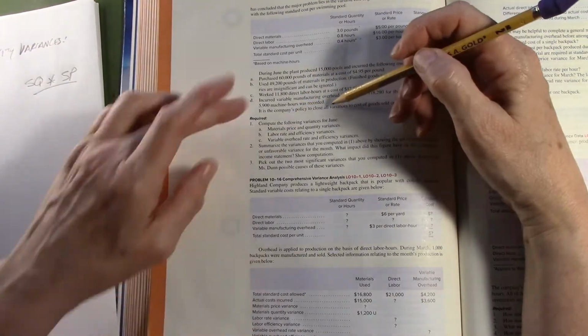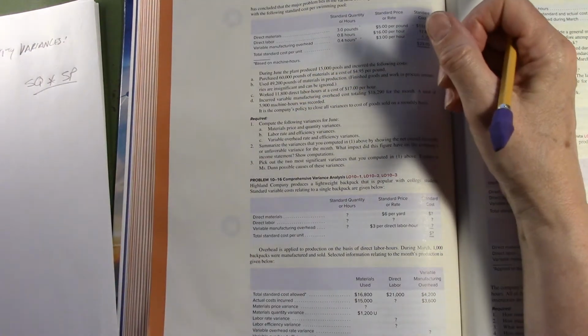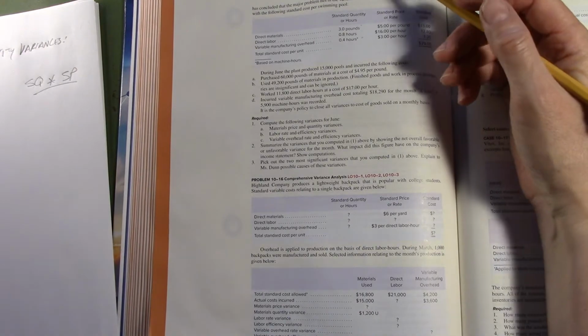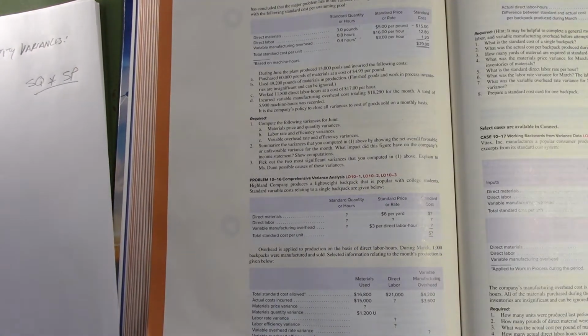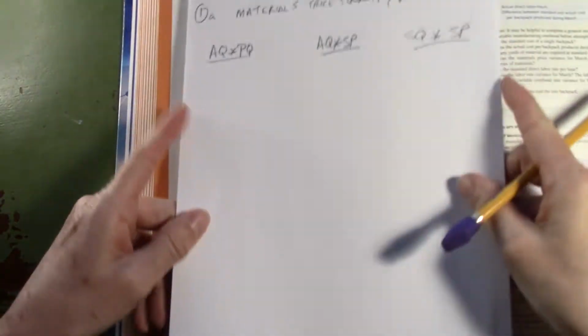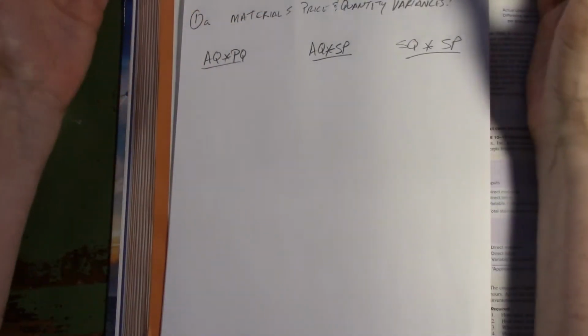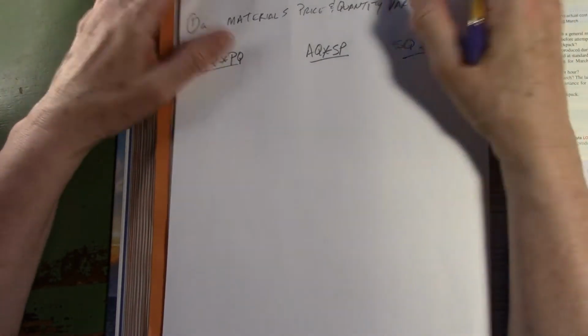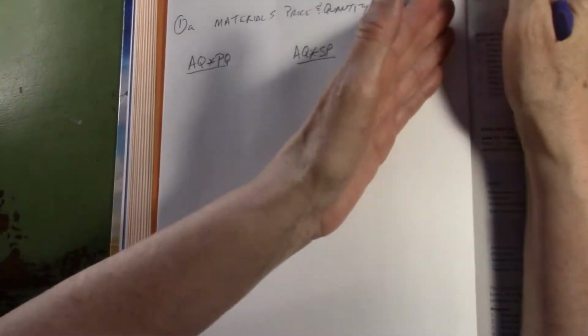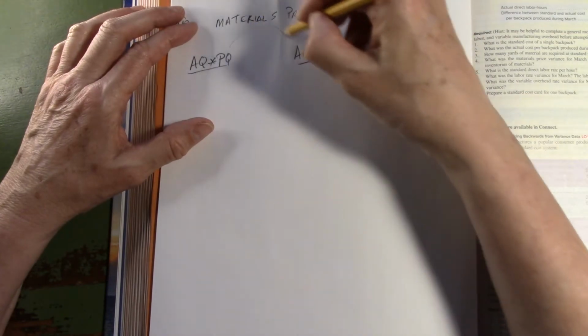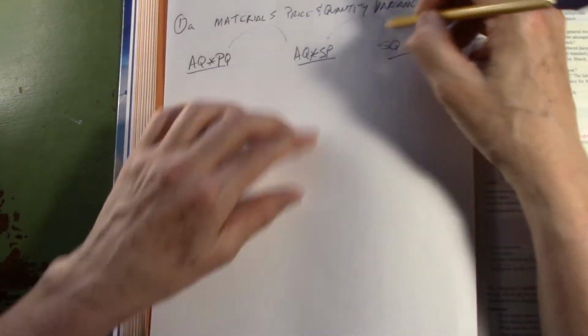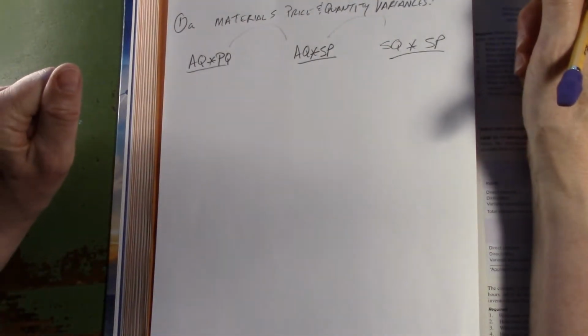So we're going to do our normal variances, and then we'll summarize them, and then we will figure out where the problem is. I've already set us up here with our materials. First we're going to look at the raw materials, so we do a price and a quantity variance. This is going to tell me my price variance, and this is going to tell me my quantity variance.